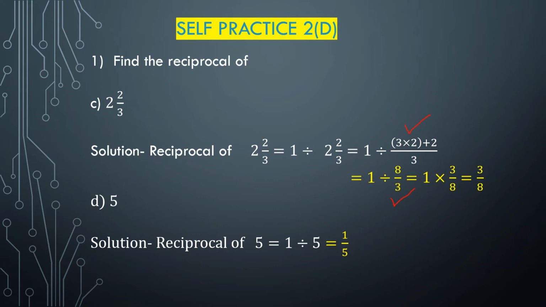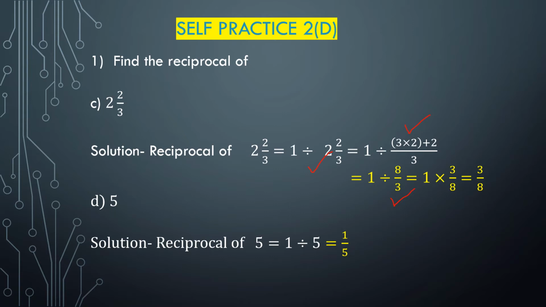That is 1 divided by this mixed fraction, 2 and 2 divided by 3, that is 1 divided by 8 divided by 3. Now change this division symbol into a multiplication symbol. We have to multiply with the reciprocal of the fraction 8 divided by 3. That is 1 multiplied with the reciprocal of 8 divided by 3, which is 3 divided by 8.